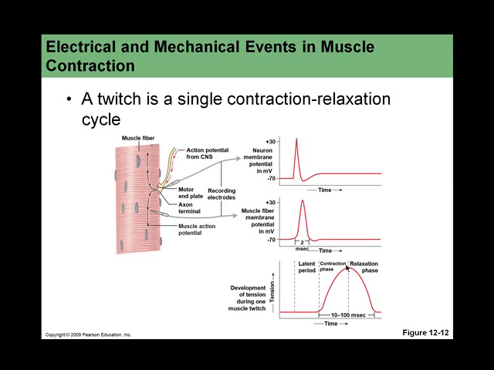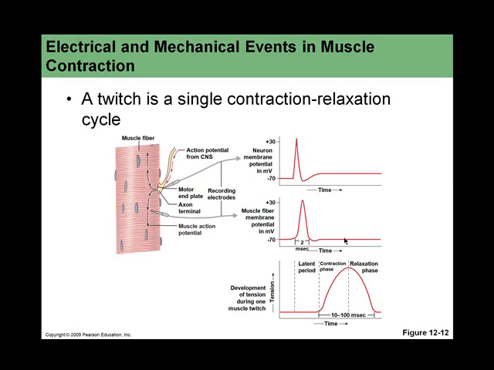So by the time we would get to here, the latent period into this contraction phase is going to be the latent period of the next event here, and we can begin to build on that. So we introduce that idea at this time.